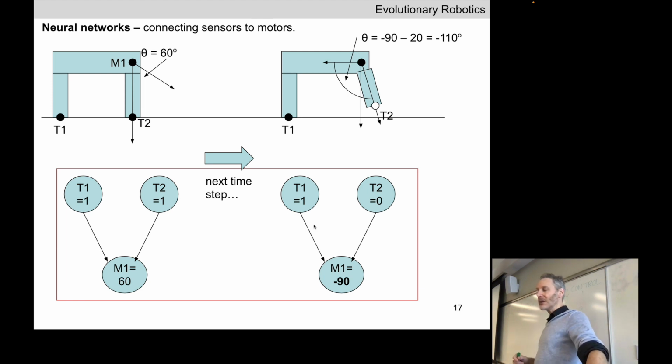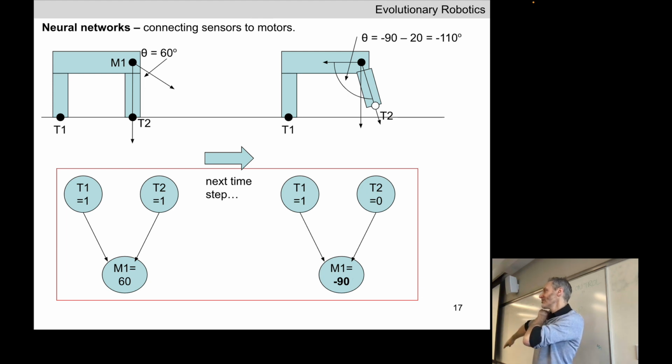Okay, so continuing our cartoon example here, the back touch sensor is in contact with the ground, the second touch sensor is not, so it's firing 0. We're assuming that the synaptic weights have not changed. Now, as we multiply this value by this synaptic weight plus this sensor value by this synaptic weight, and add those two values together, now we have a value of minus 90.